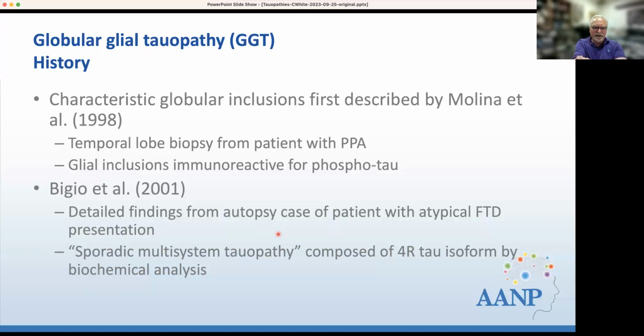At the time, the term globular glial tauopathy had not been developed, and she referred to this as sporadic multisystem tauopathy because it lacked a family history, but was similar to some of the pathologies described under the heading of FTDP-17.